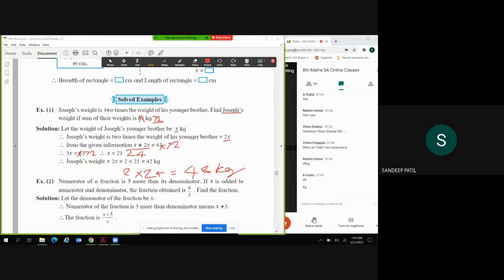So hopefully you have understood this problem. If you have any question, please ask in the chat box. I just changed the number so that we can understand this problem in a different way, right?